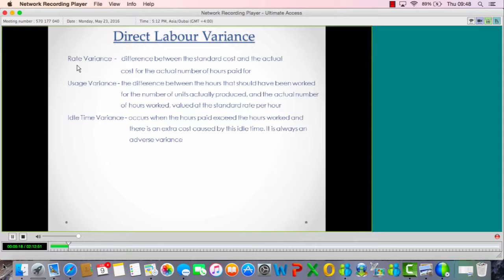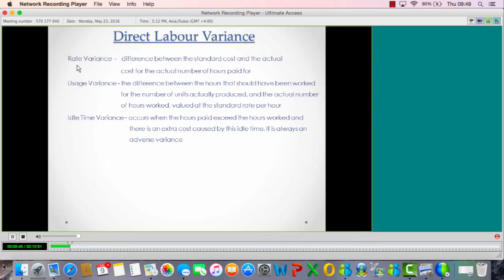That is because the workers are idle. They are not doing anything at that time, but it is not their fault. It could be because of a machine breakdown, or maybe because of a delay in supply. That is called idle time variance, because the workers are being paid, but they are not doing any work.